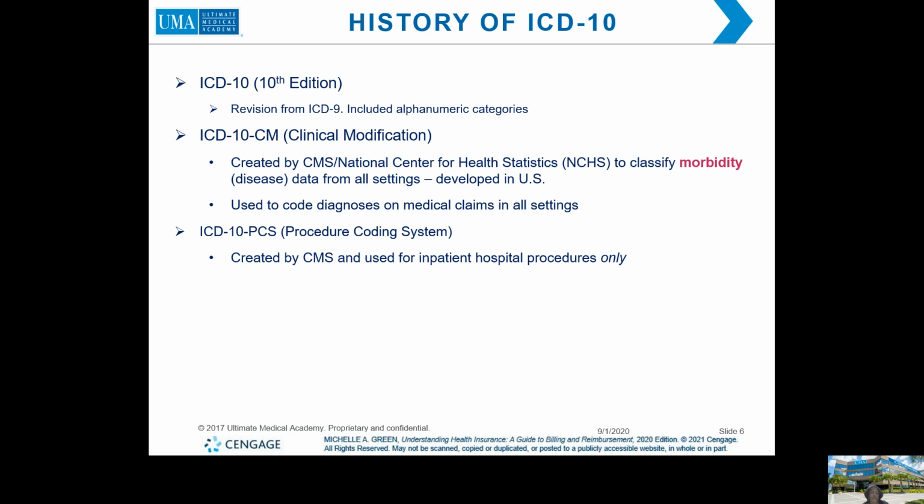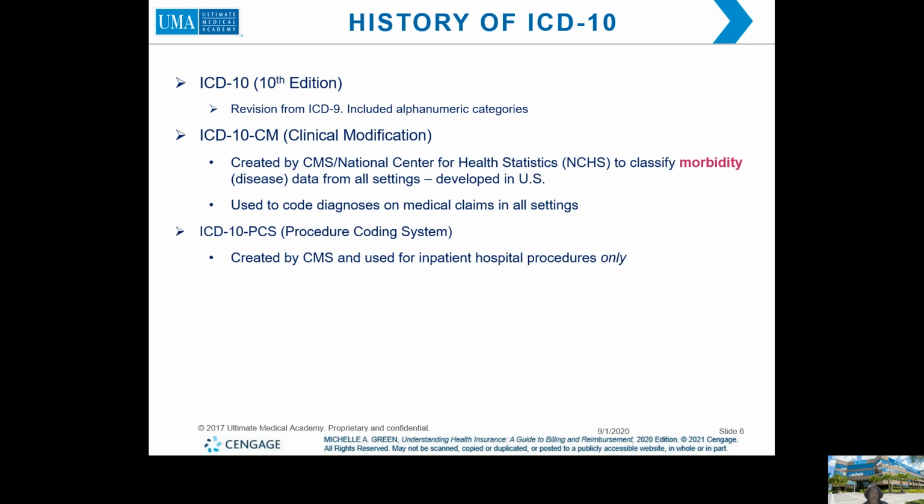So in the United States, we use ICD-10 to classify morbidity. Morbidity is disease. Mortality is death. We use it on diagnosis for all settings: outpatient, inpatient, clinic, ambulatory surgery centers, all of those types of things.